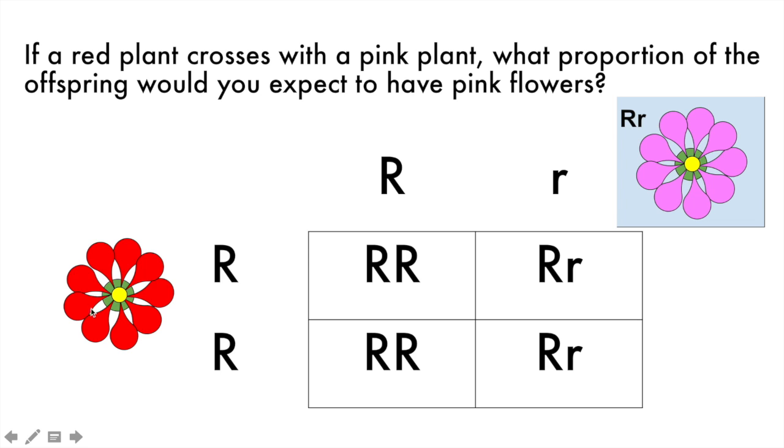Okay, so again, the red parent can only contribute a big R allele. The pink flower can contribute either the big R allele or the little r allele. So the progeny will either be red, big R big R, or pink, big R little r. And what proportion of the offspring would have pink flowers? Well, 2/4 or half are going to be red, and 2/4 or half are going to be pink. So 1/2 red, 1/2 pink, and no white flowers.